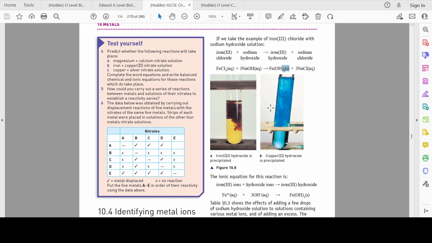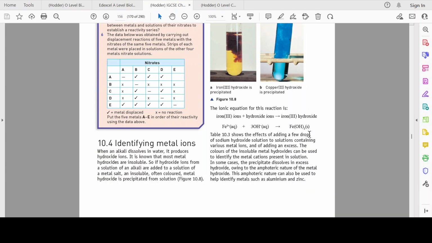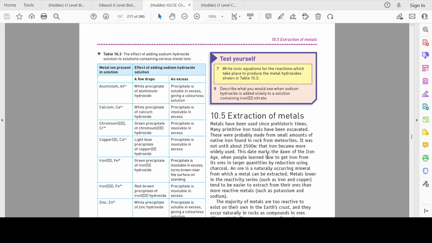You can see that cloud, a solid. If you add excess, in some cases the precipitate dissolves in excess hydroxide owing to the amphoteric nature of the metal hydroxide. I'll go into what amphoteric is, not now. Okay, and here's the table.